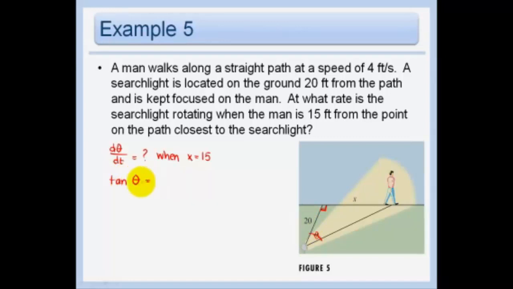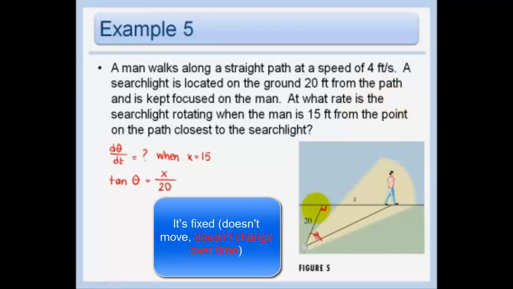The tangent of theta equals x over 20. And why can we put this 20 as a constant? Why is it safe to do that and not have to write y? It's safe because the searchlight is located on the ground 20 feet from the path. It's always 20 feet away. It's fixed, just like our ladder height was fixed.